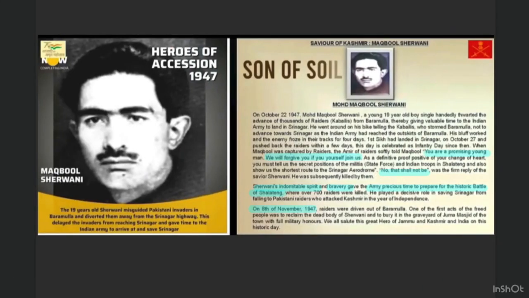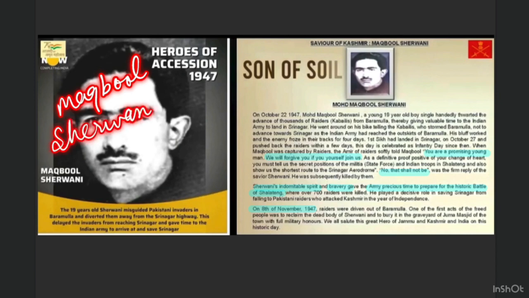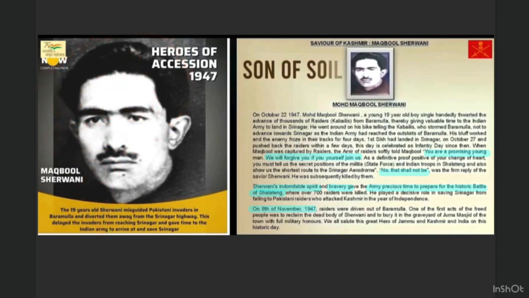In the context of the tribal invasion, this reference would not be complete without mention of a great young lad, a disciple of Sheikh Abdullah, Maqbool Sherwani. His contribution in thwarting the tribal advance towards Srinagar city was instrumental in giving the Indian Army the much needed valuable time to land in Kashmir.